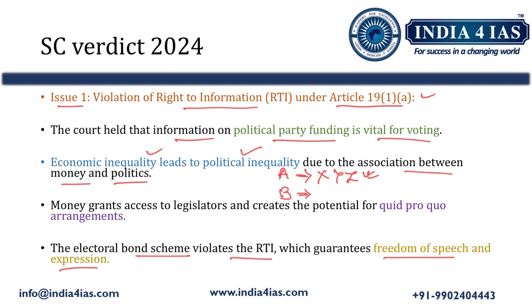So when the political party comes to power, it can frame policies in favor of person A, whereas voter B is unable to fund the political party, and when the party comes to power, there is every chance that it doesn't make policies in favor of B. So this economic inequality leads to political inequality because of the association between money and politics.